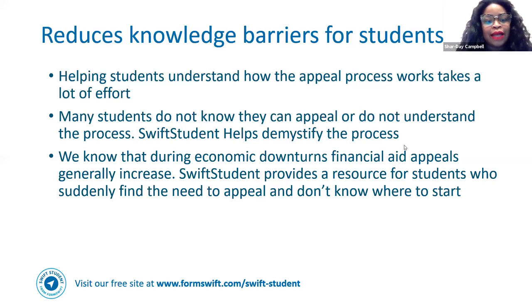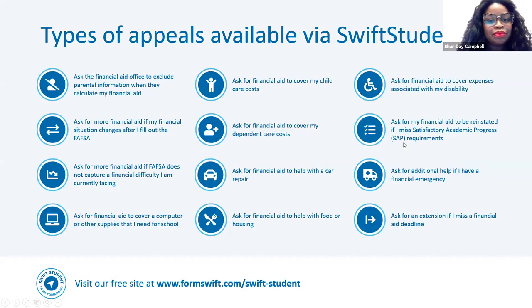You could go to the next slide. Types of appeals available for Swift students. As Abigail pointed out, how these questions are formatted are not aligned with what we would usually call them in the financial aid office. We have online forms at Houston Community College, but it's definitely dependency override, and we draw students to it through checklist items.